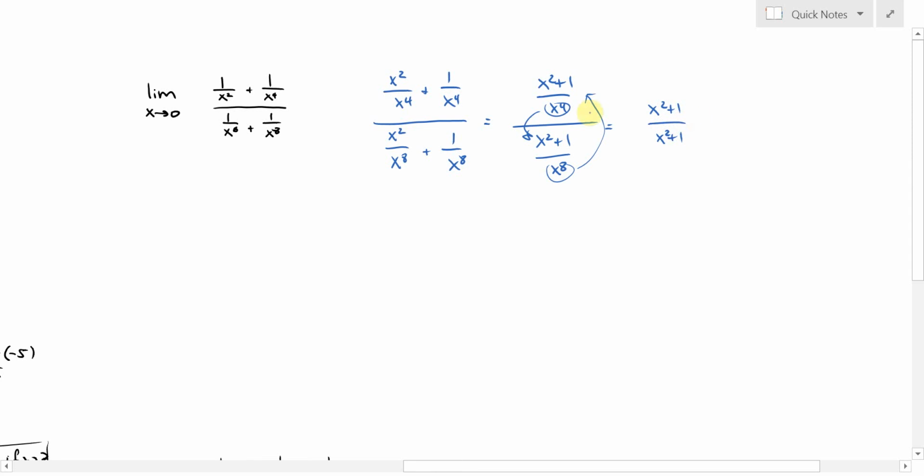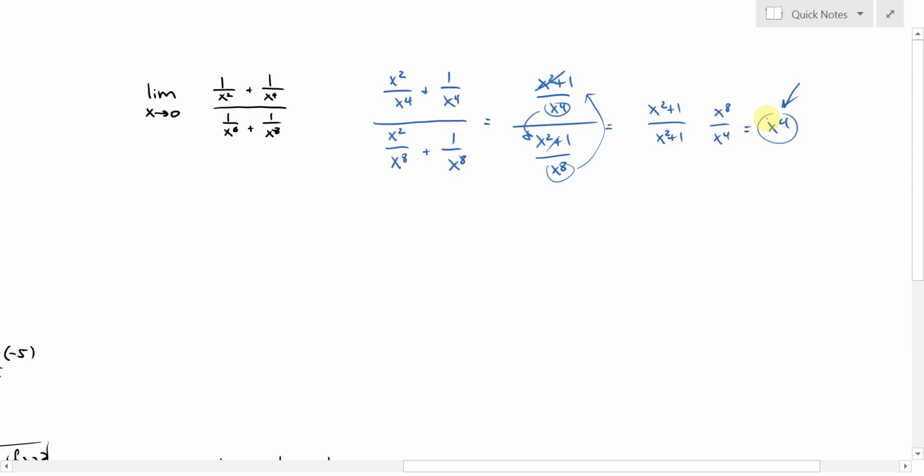The x squared plus 1s are going to cancel, you notice, these guys cancel. And you're just going to have x to the 8 over x to the 4, which is just x to the 4th. Alright, so all we did is we combined it. It looked complicated at first, but it's equivalent to this simple algebraic, this simple polynomial here, this simple power of x.